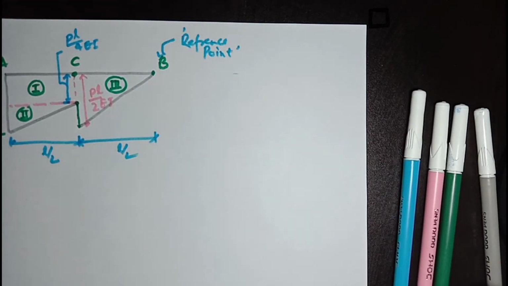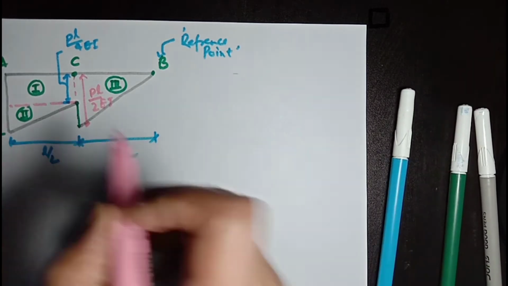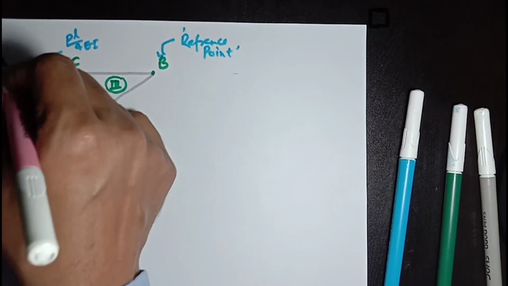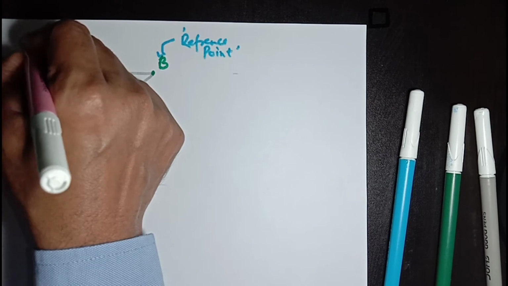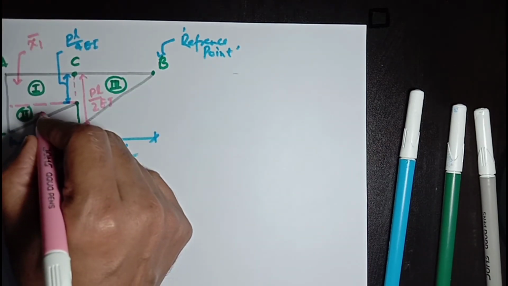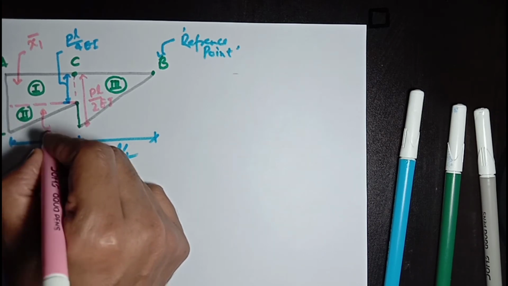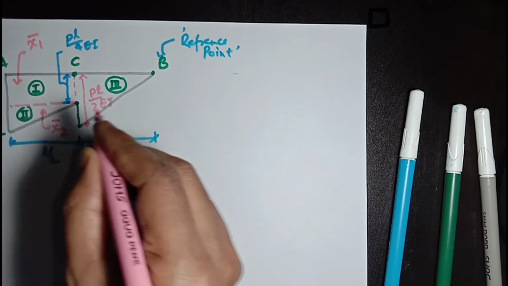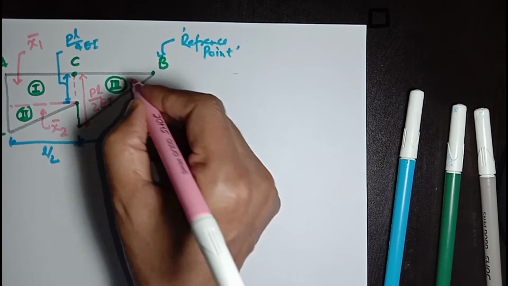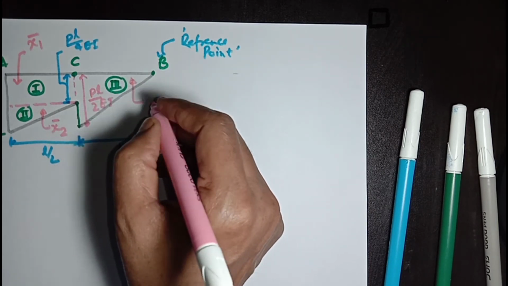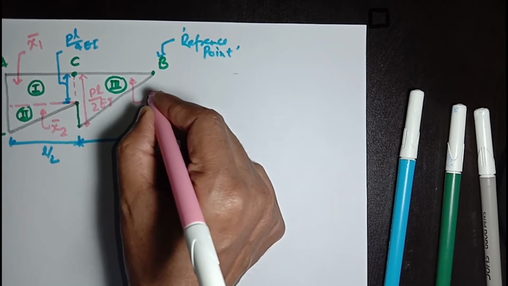Let's say the centroid of this rectangle is denoted here as x1 bar. Because we are taking the second region, it is denoted as x2 bar, and the centroid of this one is designated x3 bar.